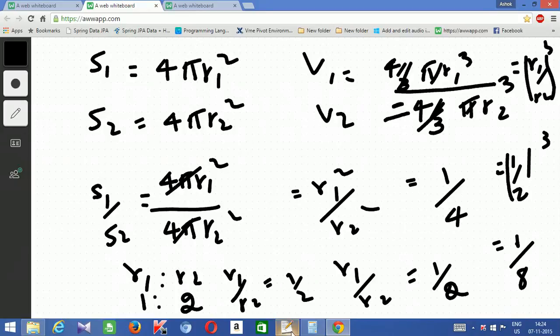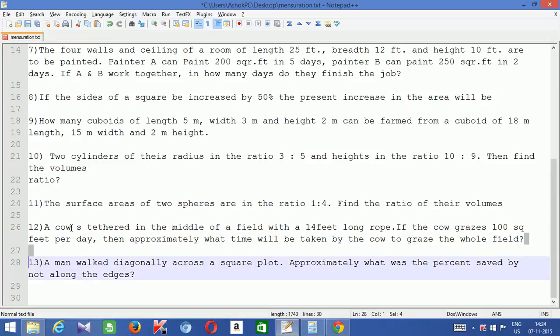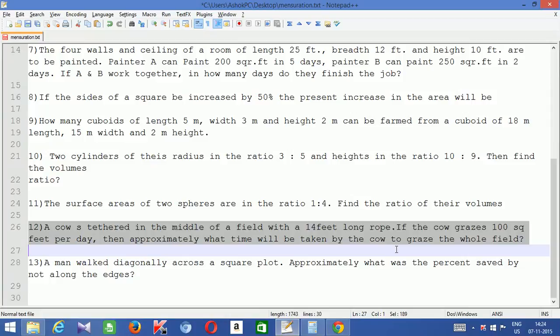Fine. We will move on to the next question. Now the 12th question says that a cow is tethered in the middle of a field with a 14 feet long rope. If the cow grazes 100 square feet per day, then approximately what time will be taken by the cow to graze the whole field?